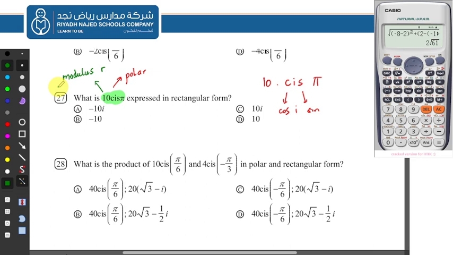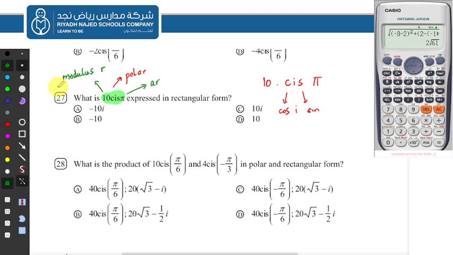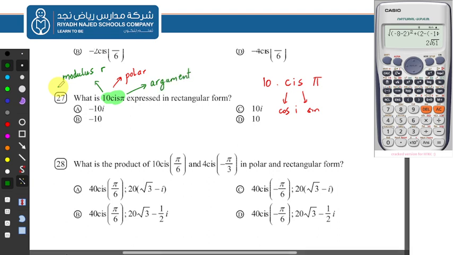If you graph the complex number, it is a radius, because the modulus is the distance between O and A, like the radius of a circle. That's why we use R here, but for complex numbers we call it modulus. And pi is an angle. We call it argument, or angle, doesn't matter.